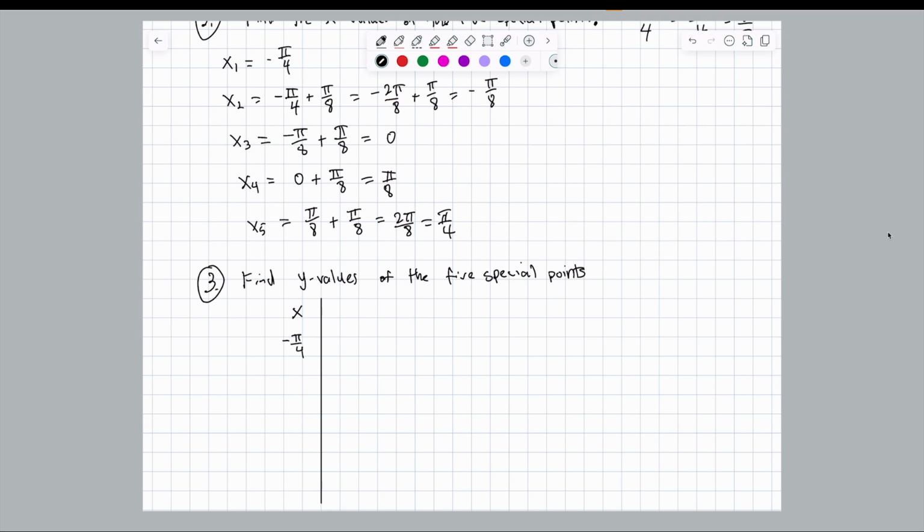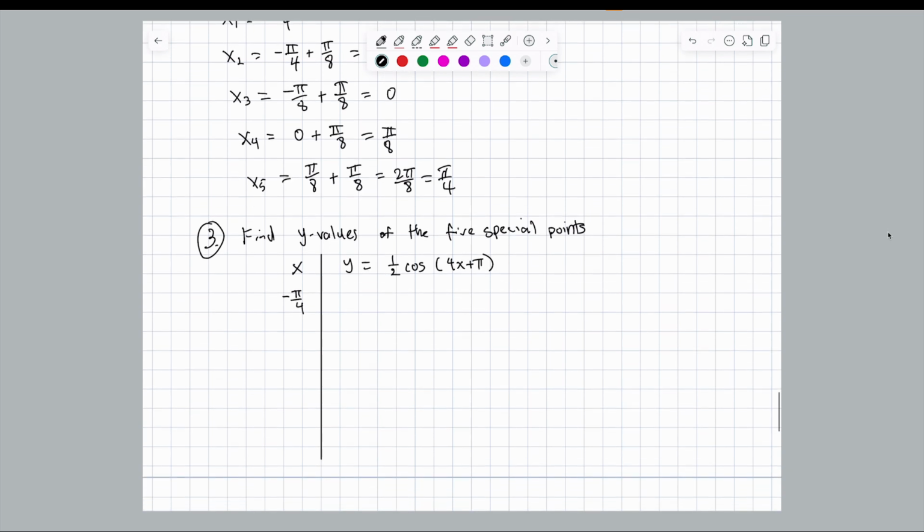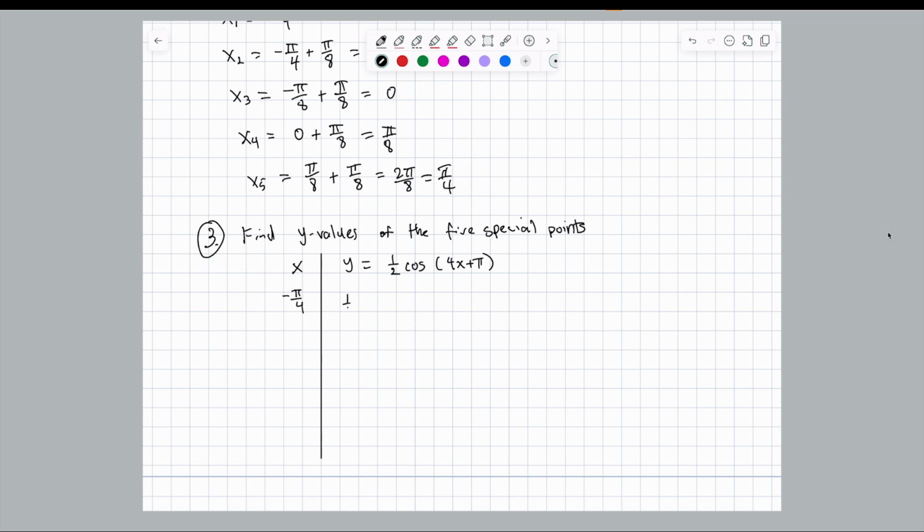We're going to evaluate our function, 1/2 cosine of 4x plus pi, at these values. So we have 1/2 cosine of 4 times negative pi over 4 plus pi. That gives us 1/2 cosine of negative pi plus pi, which gives us 1/2 of cosine of 0. Cosine of 0 is 1, so we get 1/2.